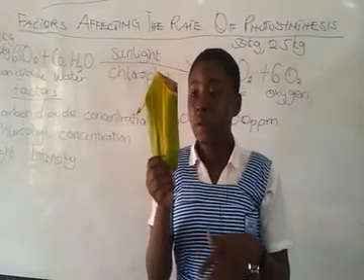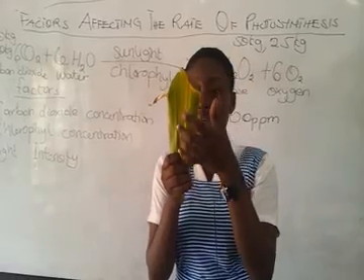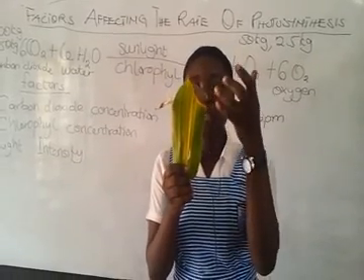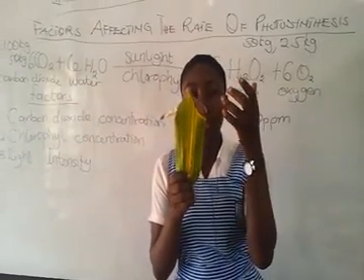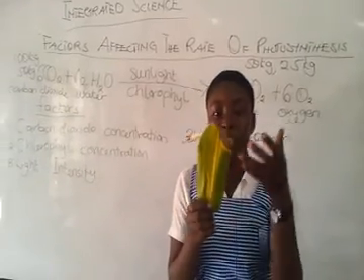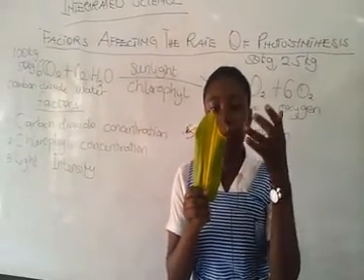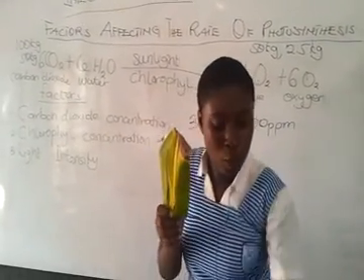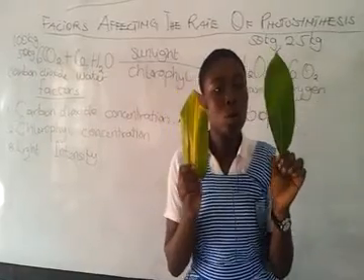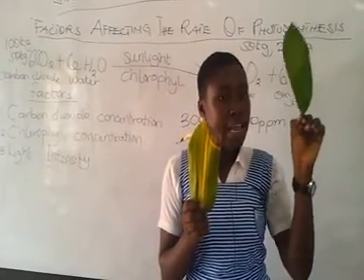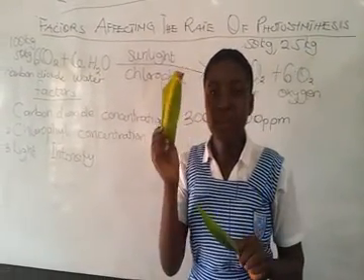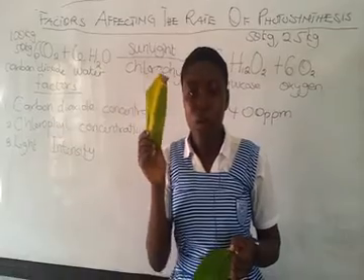With this leaf, we can see that there are yellow patterns and green patterns. The yellow patterns depict the absence of chlorophyll, but the green patterns show the presence of chlorophyll. So comparing these two leaves, we conclude that this leaf will have a high rate of photosynthesis and this variegated leaf will have a low rate of photosynthesis.